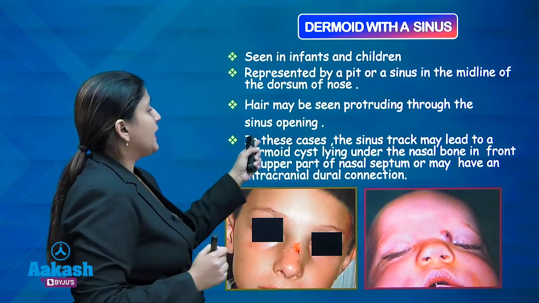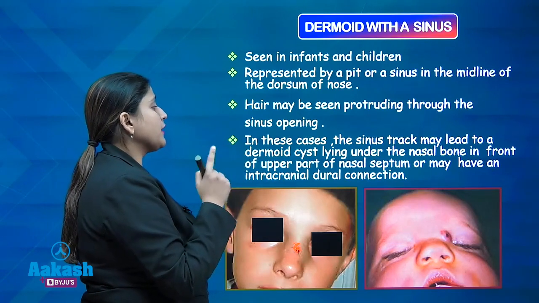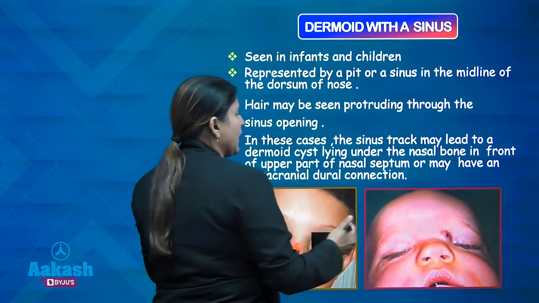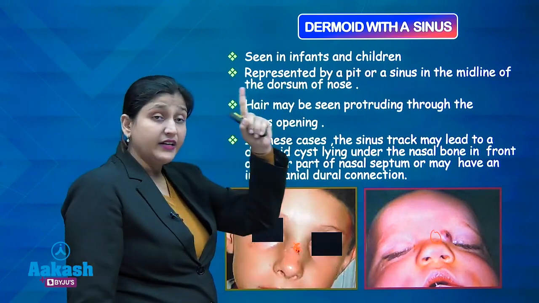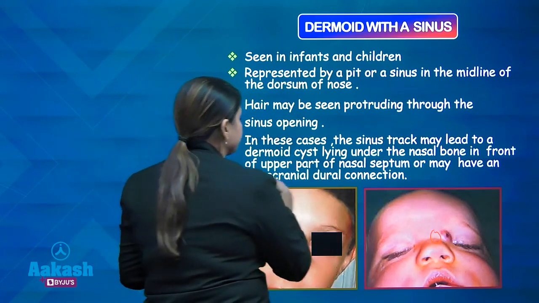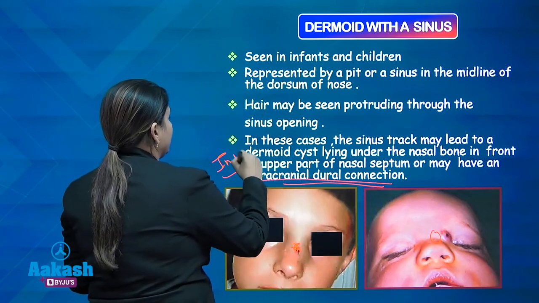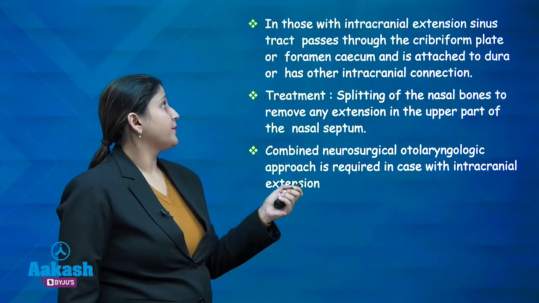sinus. In these cases, the sinus tract may lead to a dermoid cyst lying under the nasal bone in front of the upper part of the nasal septum, or may have an intracranial dural connection. This is an important point, that a dermoid with a sinus can have an intracranial dural connection.